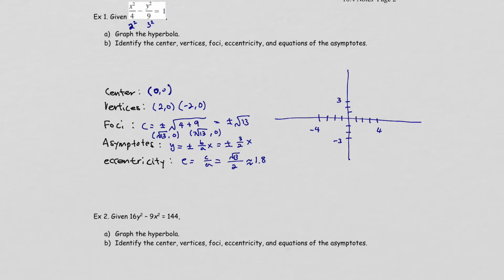So when you graph this, first is the center. You're going to draw the asymptotes first. Go up 3 and move right 2. So that will be somewhere right there. Same thing on this side, plus minus. So draw the asymptote passing those points.